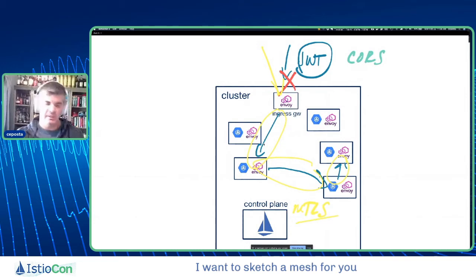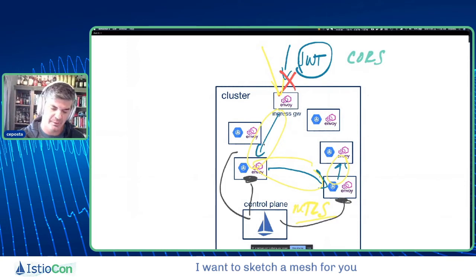Now, Istio is the one managing the certificates that go into these different workloads. Istio is acting as the CA, and the workloads are basically sending CSRs to Istio. The CA is signing them and then mounting the cert directly into the workloads.